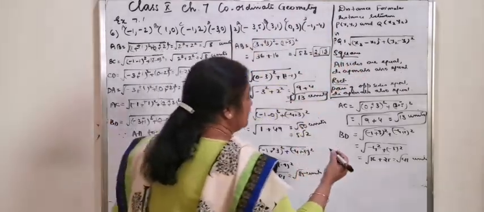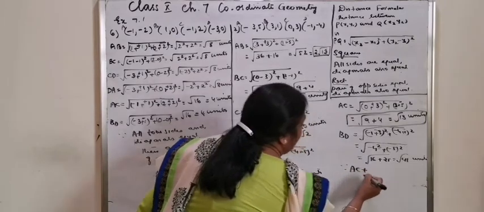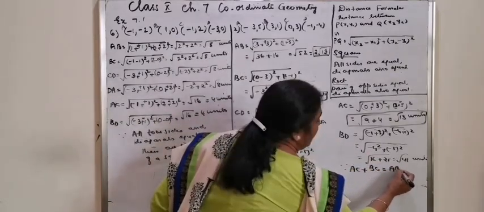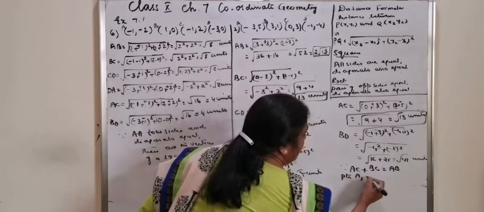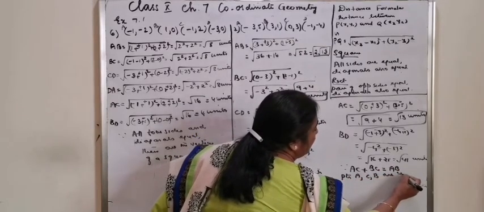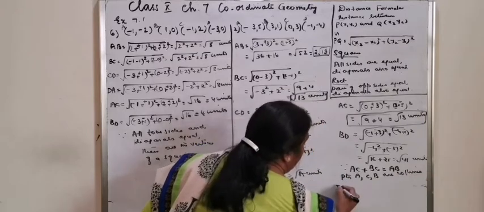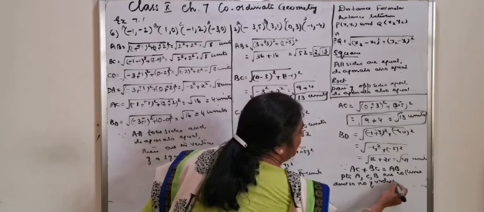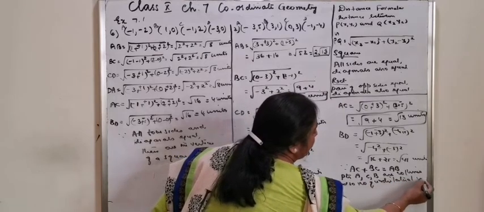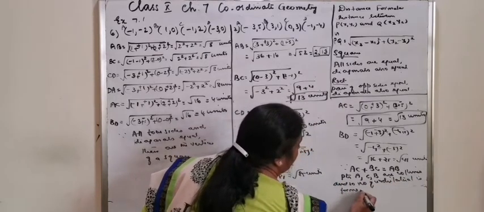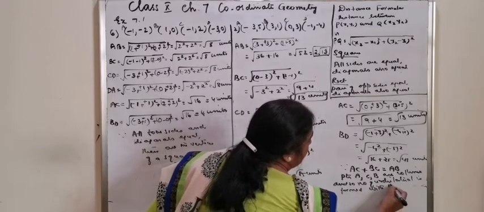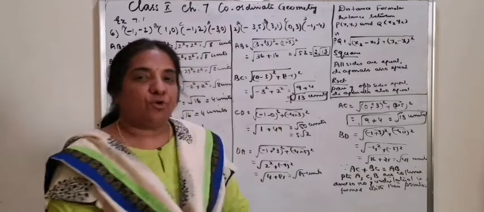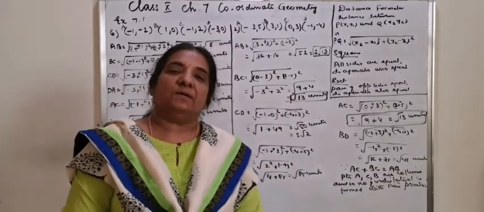So you can conclude: since AC plus BC is equal to AB, the points A, C, B are collinear, and so no quadrilateral is formed with these points, or these 4 points will never represent a quadrilateral.